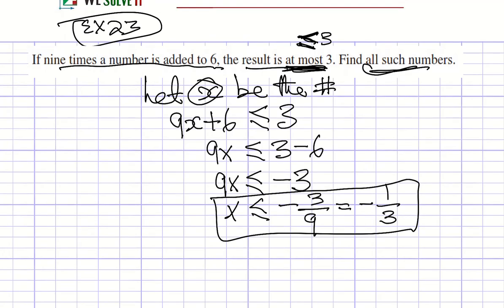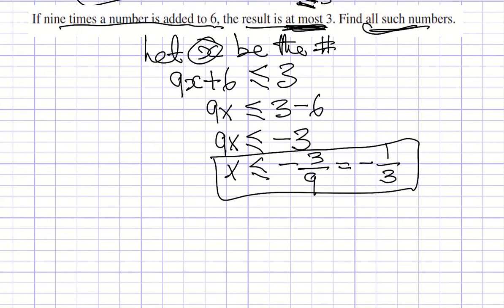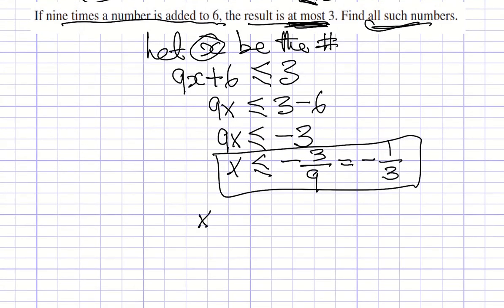So, 9 times a number is added to 6, the result is at most 3. Find the number x. Be careful how you say it. The number we're looking for is x less than or equal to negative 1 over 3.